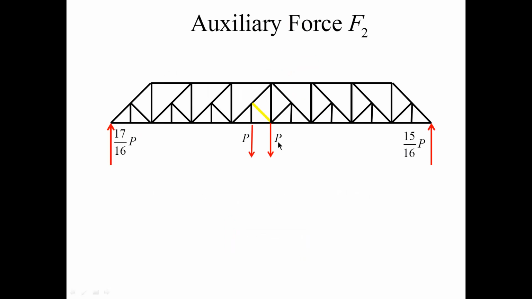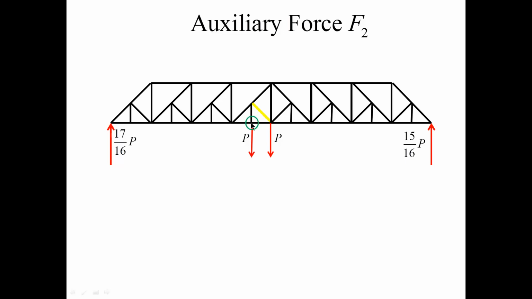In this case, the auxiliary bar will be the bar where the force is F2, and it is marked in yellow. To analyze this bar, I will look at the 2 joints.